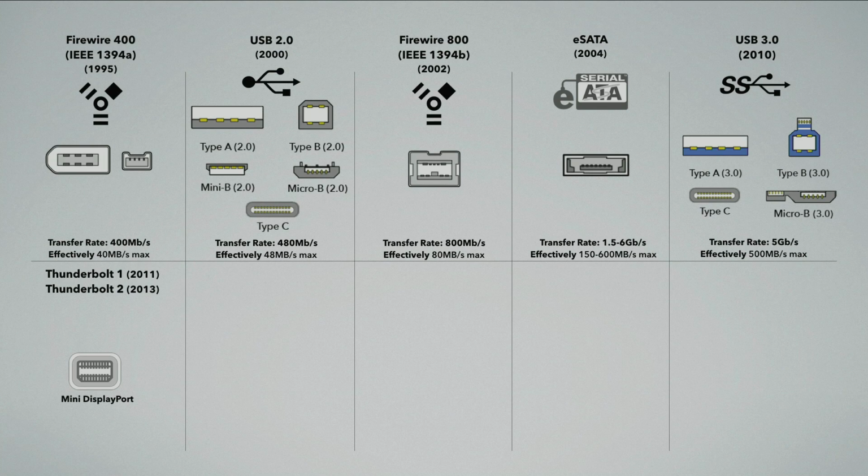So with Mini DisplayPort, they introduced it on the 2008-ish MacBook Pros. And when they came out with Thunderbolt, they decided to reuse the same connector, but use a completely different protocol.